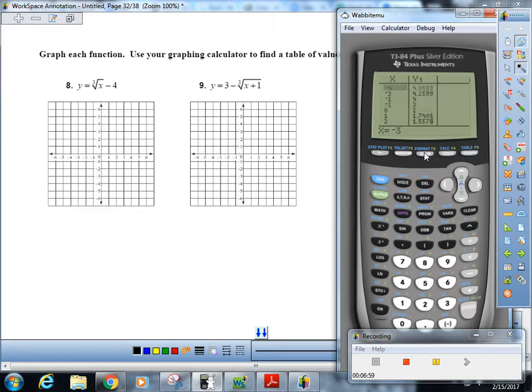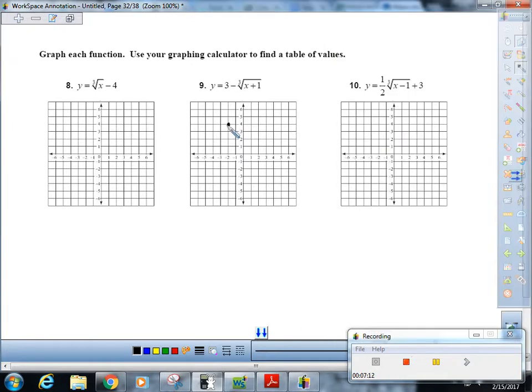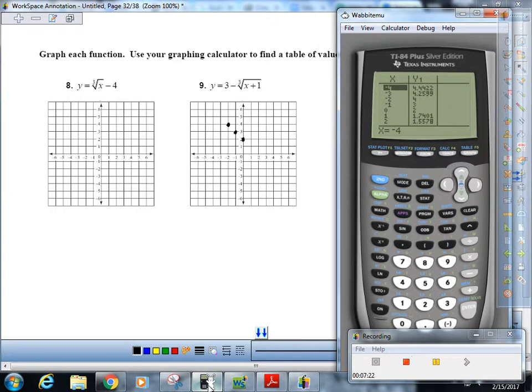We've got -1, 3, and -2, 4. Let's see. -2, 4, -1, 3, 0, 2. And then let's just see if we can find one more that's realistic.